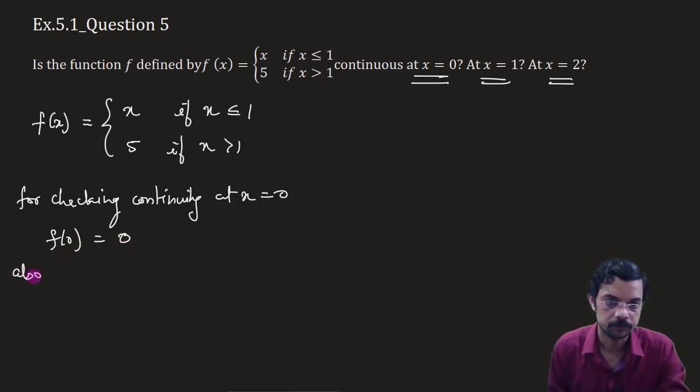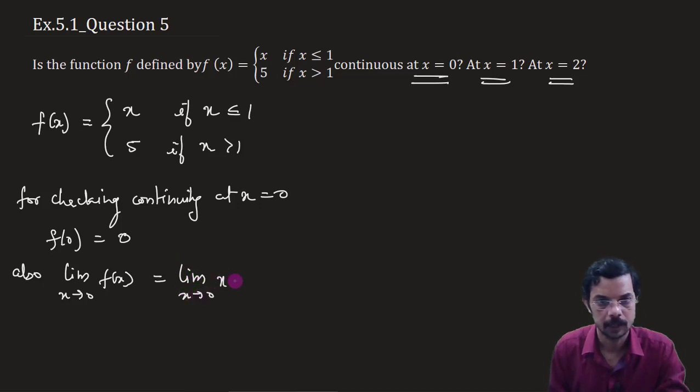Also, when it is approaching 0 from the left and right, it will be again defined by the same function. Therefore limit x tends to 0, f of x will be equal to limit x tends to 0, x, and that again is 0. So therefore f is continuous at x equal to 0.